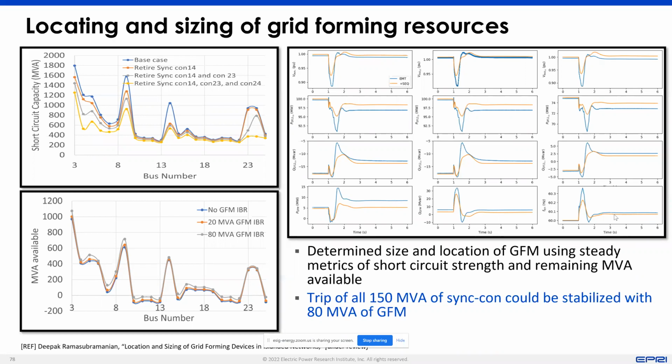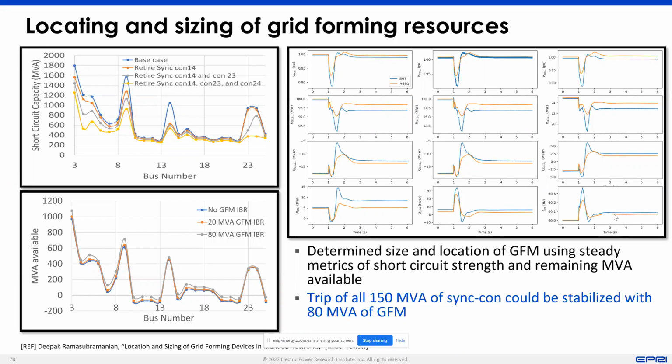You can then use that as a planning criterion to get a minimum size of a grid forming inverter that needs to be placed at that particular location. And as you start increasing the size of the grid forming inverter, you can push the MVA availability to a positive value, and then you can get a stable response.